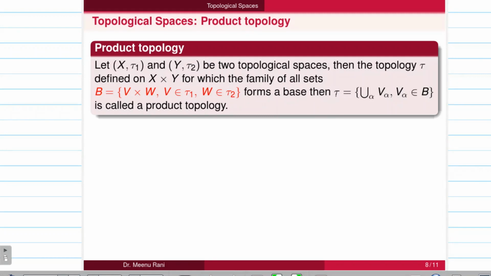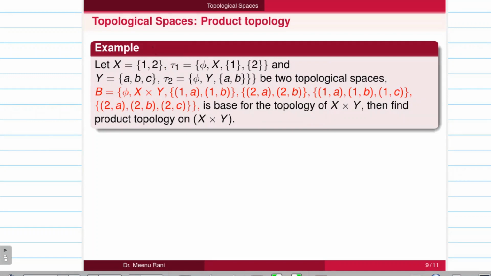Then this topology generated by the base is called a product topology. As we know, every member of τ can be written as a union of the members of the base, where the V alphas are the members of B. So this topology is a product topology defined on the Cartesian product of X and Y.